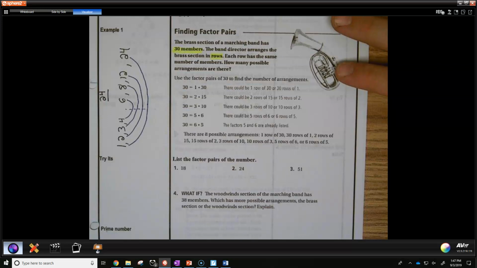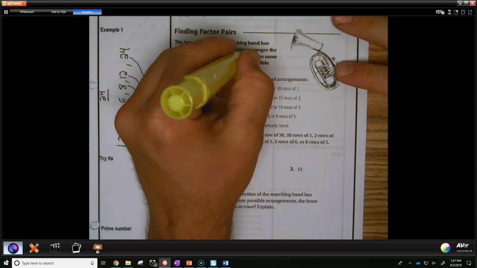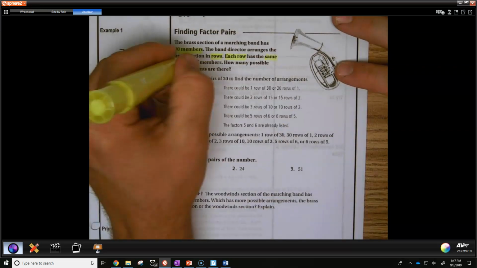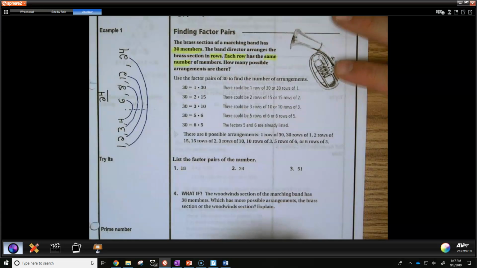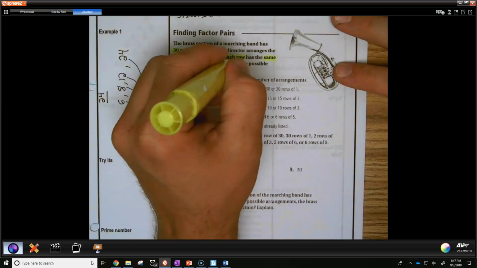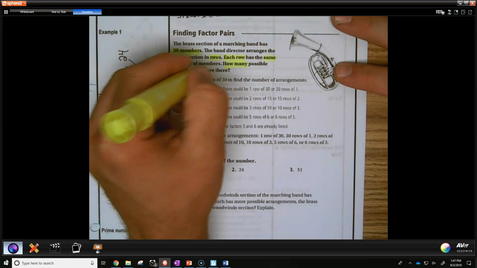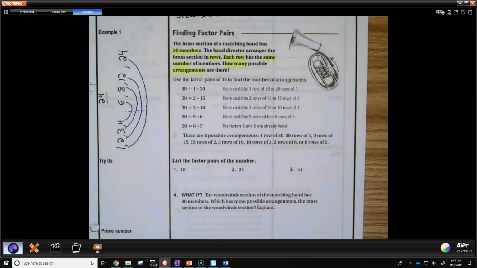Each row has the same number of members. Each row, same number. How many possible arrangements are there? How many arrangements? To be honest, everything else in that paragraph is fluff. I do not need it. All it does is distract me.